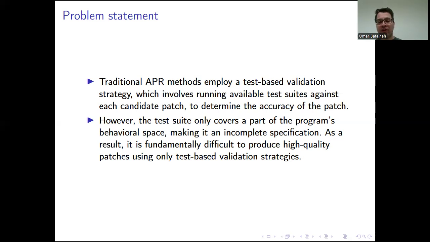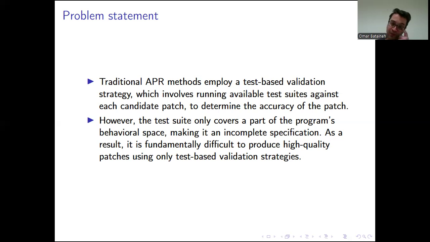However, the test suite only covers part of the program behaviors, and it is not a comprehensive or complete specification. This approach, test-based APR, often leads to overfitting, which means that the patch passes the available validation tests but doesn't generalize.